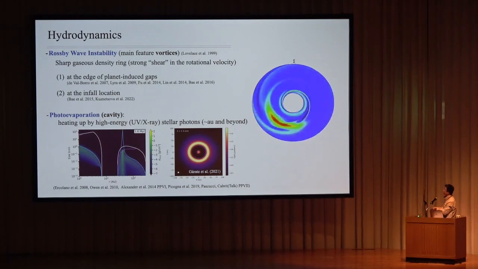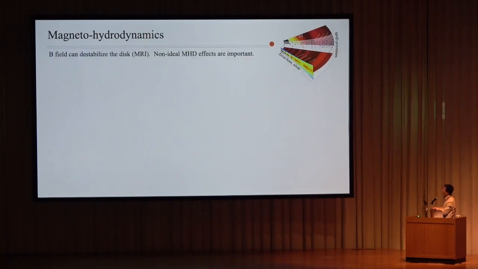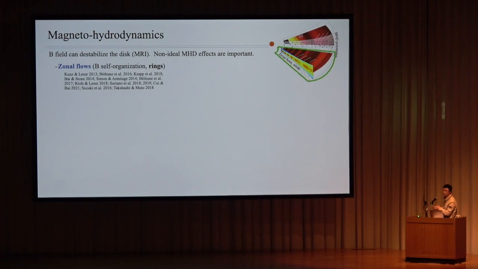Okay. So now if you invoke magnetic field, a very weak magnetic field can destabilize the disk. But in a protoplanetary disk, the disk is poorly ionized. So in this case, non-ideal MHD effects become very important. But even with non-ideal MHD effects, the magnetic field could self-organize itself to form structures.